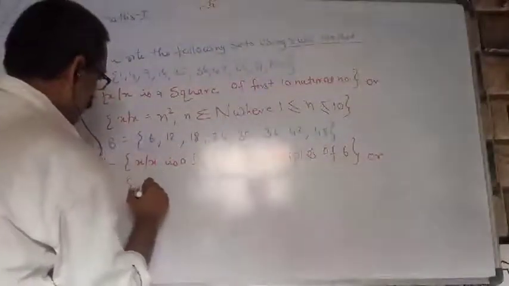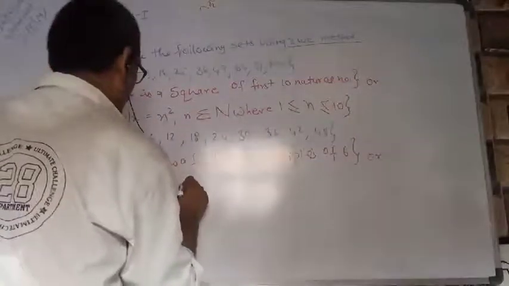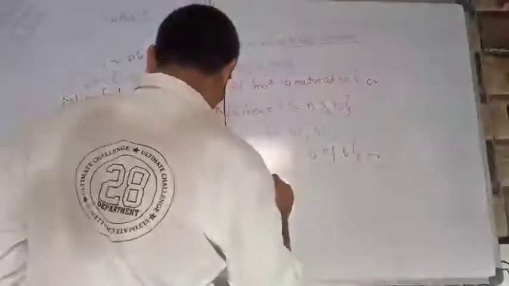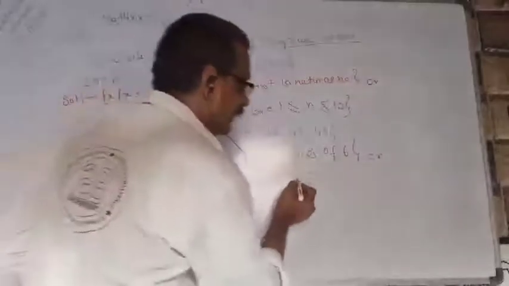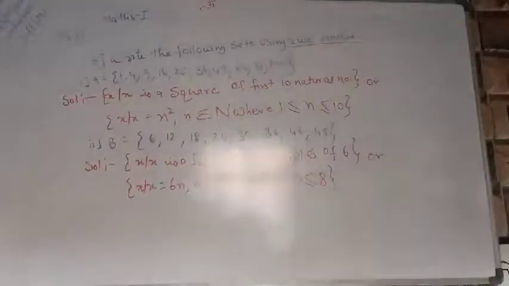Or we write it in another form: x such that x equals 6n, 6 multiplied by n, where n is an element of N and n is less than or equal to 8. It is two types of rule method.